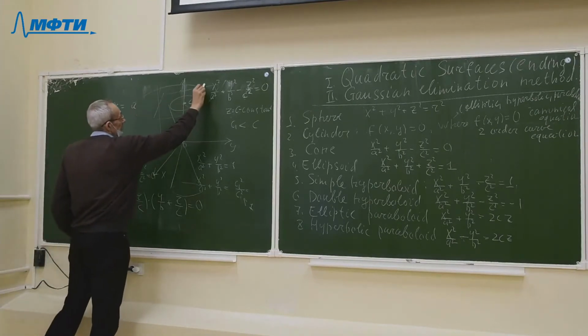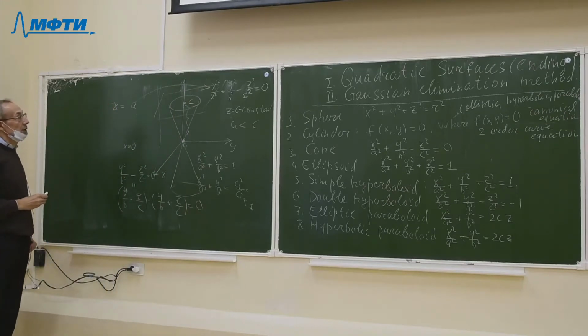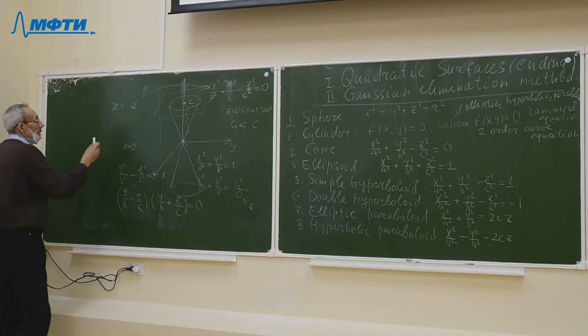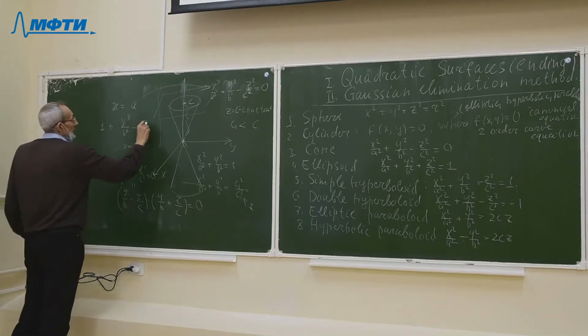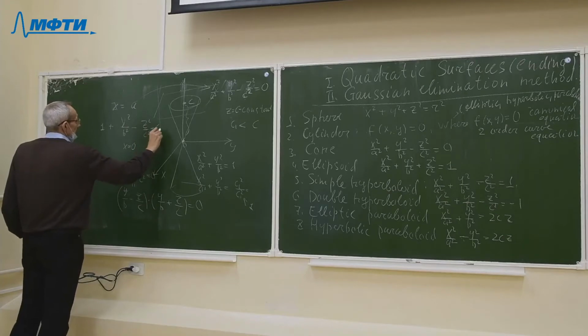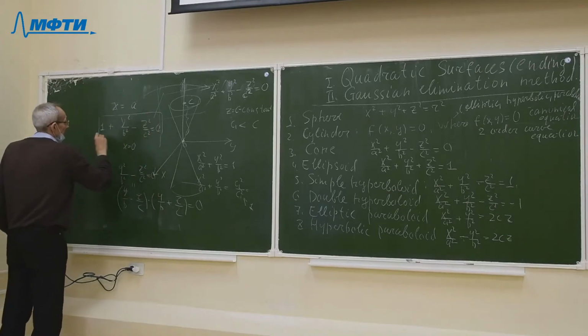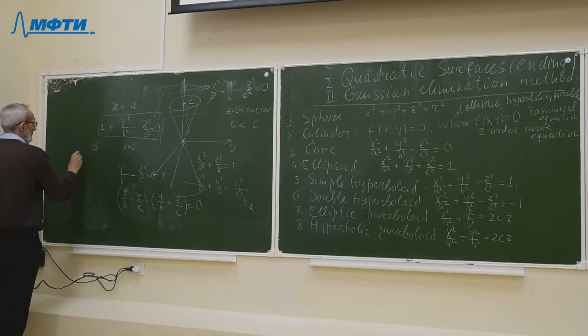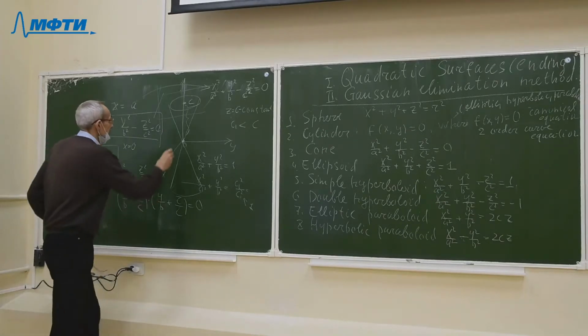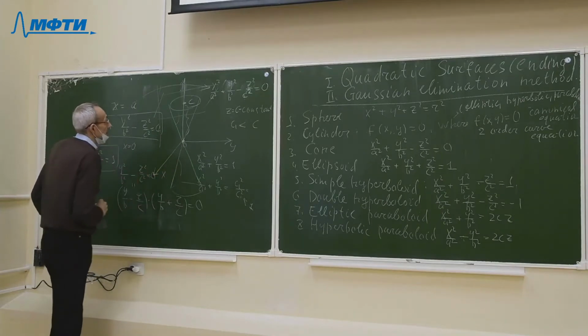If you substitute these values in the equation of the cone, we obtain the following equation: 1 plus y squared divided by b squared minus z squared divided by c squared is equal to 0. And this equation is the exact equation of the hyperbola: z squared divided by c squared minus y squared divided by b squared is equal to 0. And I obtain the section, a hyperbola.